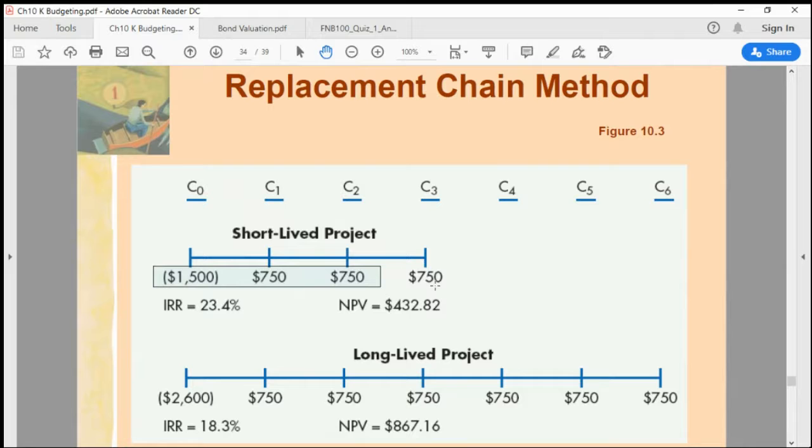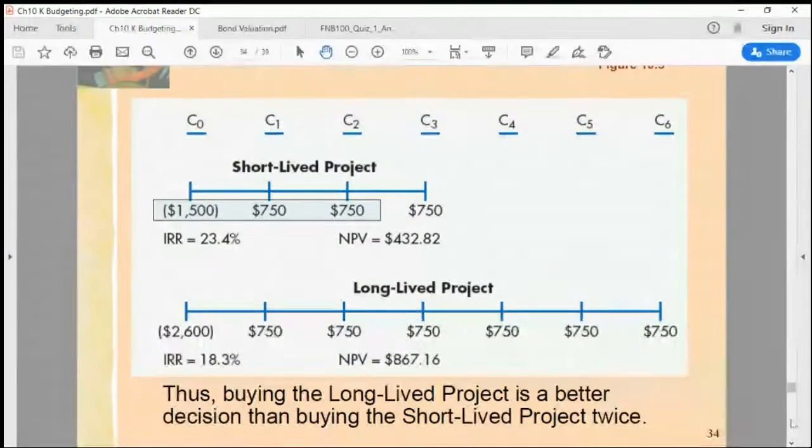The second project will be, this will be time 0 for the second project, and then this will be C1, C2, C3. Make sense? Okay. So that means it will require another cash outflow of 1.5 million in time 3, right? So it will look like this eventually.